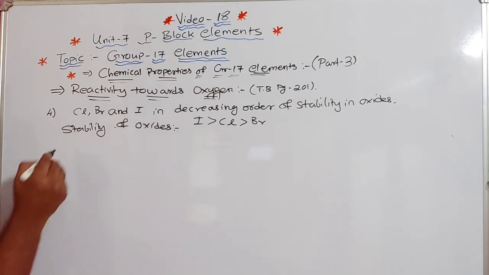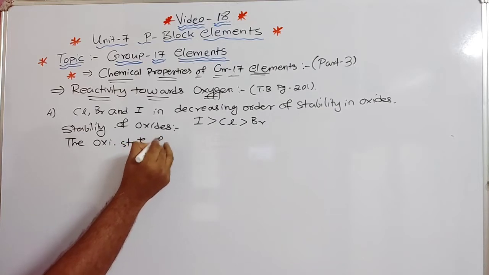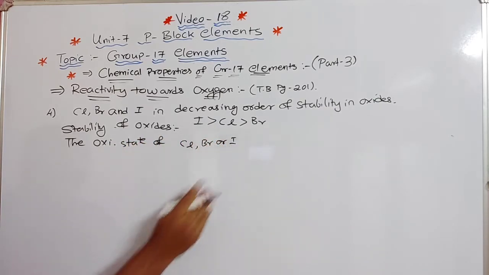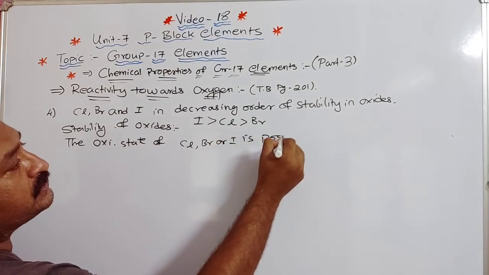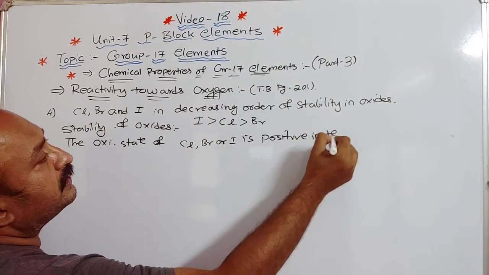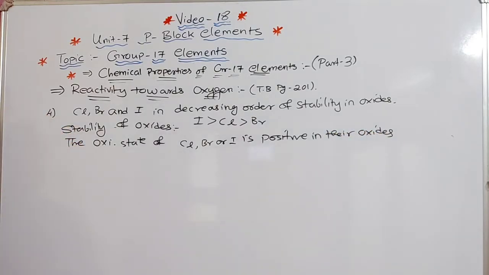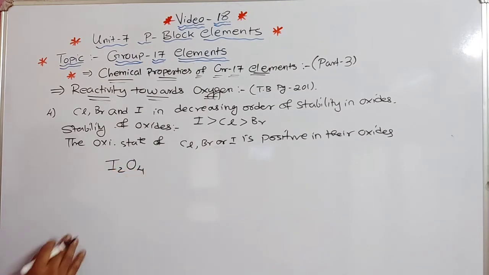The oxidation state of Cl, Br or I is positive in their oxides. Understood? Suppose one oxide in your book is I2O4.